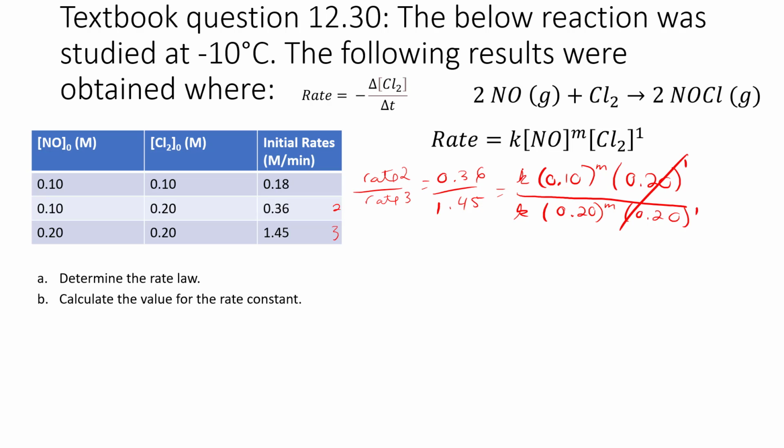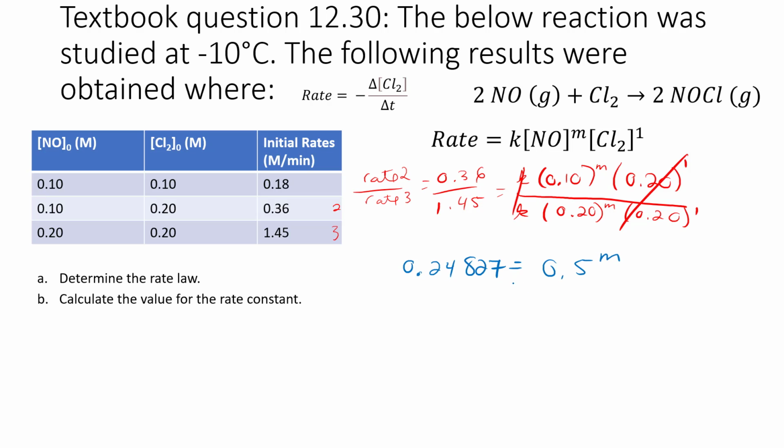My 0.20s are canceling and my k's are canceling. So if I plug 0.36 divided by 1.45 into my calculator, I end up with 0.24827. And that equals 0.5 raised to the m.